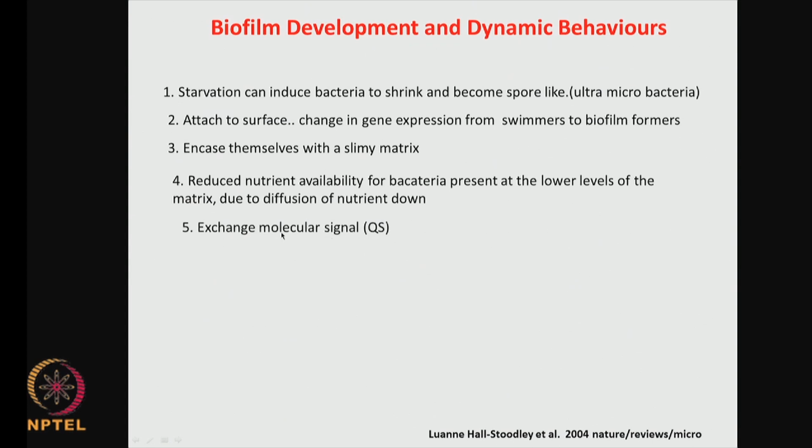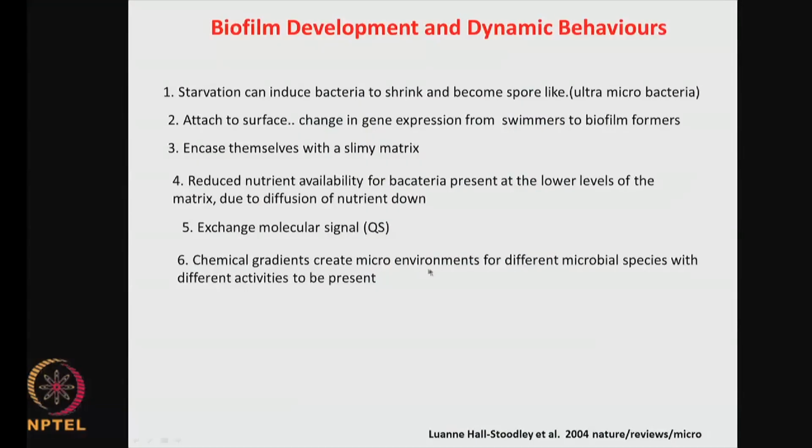Exchange of molecular signals: bacteria which are forming biofilms produce a chemical signal called quorum sensing, and thereby they can change their gene expression, and hence they can move from the sessile to the colonizer, and the bacteria can also identify that they are a large population in the colonizing stage.